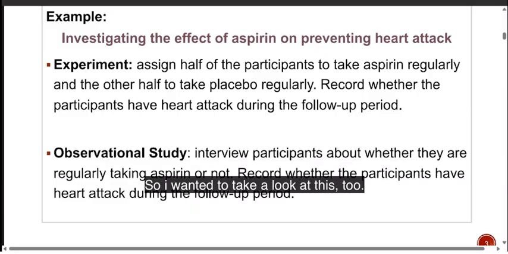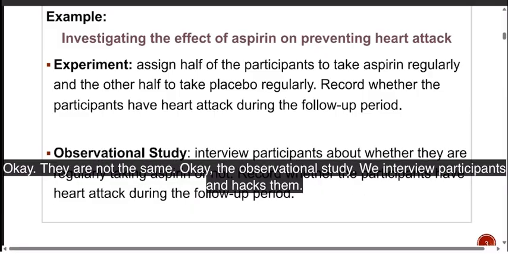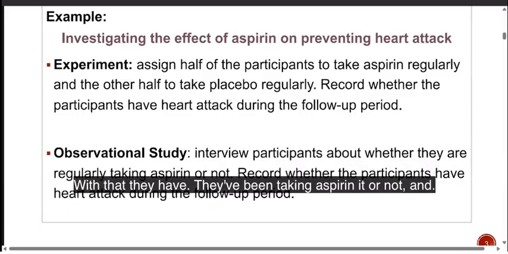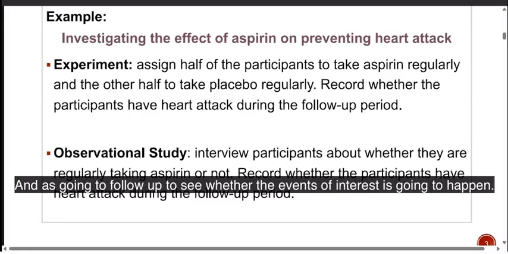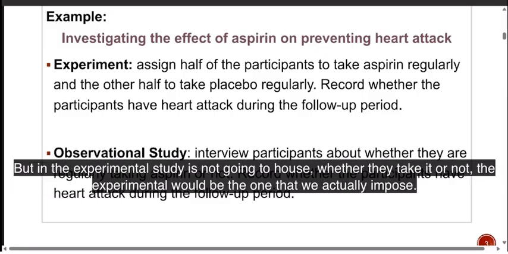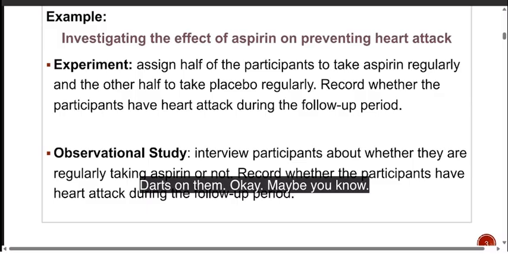So I wanted to take a look at these two. They are not the same. In the observational study, we interview participants and ask them whether they've been taking aspirin or not, and then follow up to see whether the event of interest is going to happen. But in the experimental study, we don't ask whether they take it or not. The experimenter will be the one that actually imposes that on them.